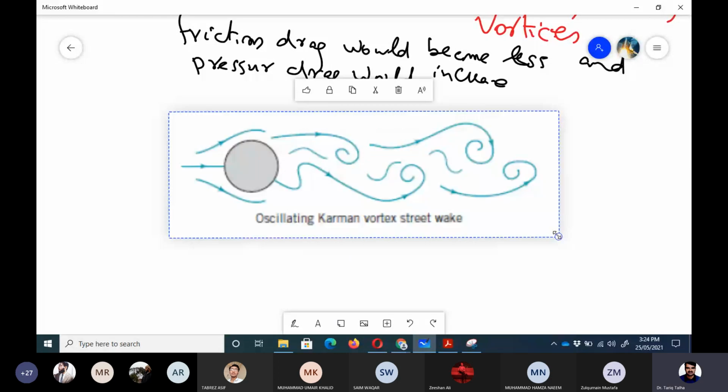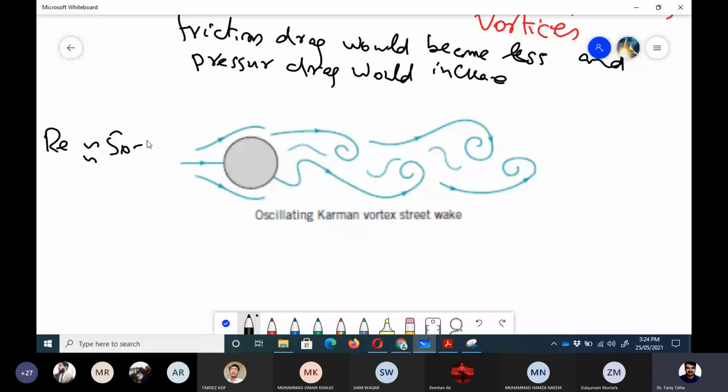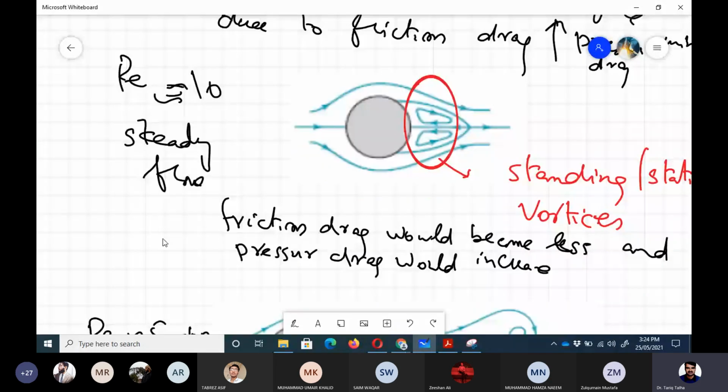Okay, so now if we increase the Reynolds number in the range of 50 to 100, you can see those standing or stationary vortices are going to move with the flow.